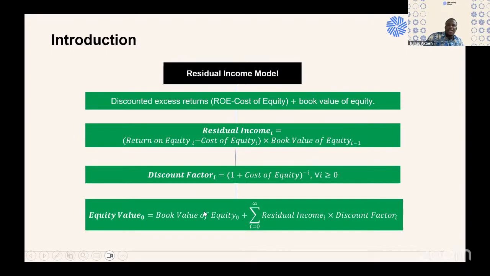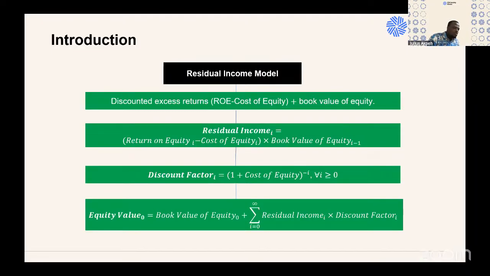And the third point is that if the company is expected to have a lower ROE relative to the cost of equity, or the company is not expected to create a positive residual income, in other words, creating a negative residual income, then it means the company will be destroying value. Shareholders have committed money to you, that is the book value of equity, and then you go ahead and destroy it.